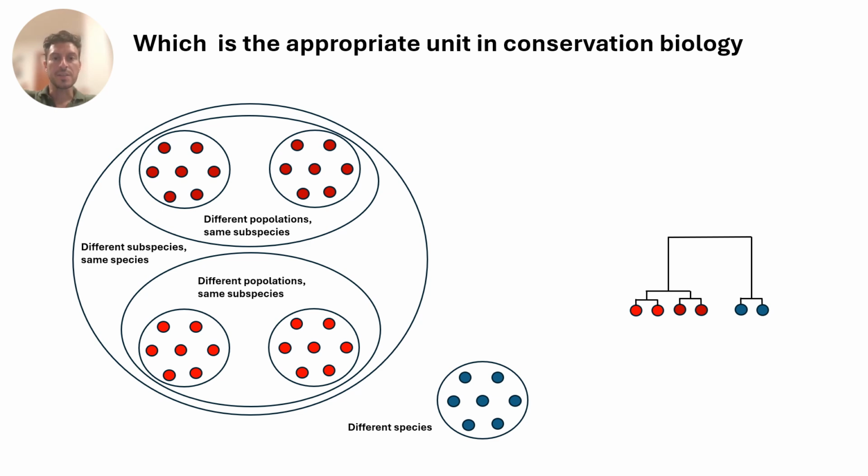Conversely, there is reduced gene flow and usually substantial genetic differentiation among individuals belonging to different subspecies. And finally, there is no gene flow and there is deep genetic differentiation among individuals belonging to two different closely related species.